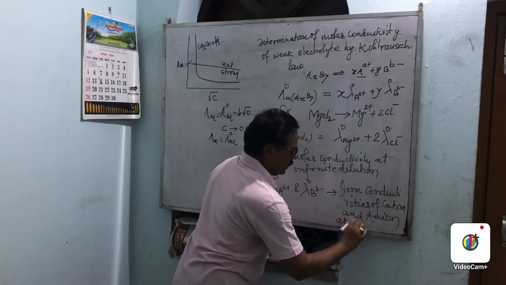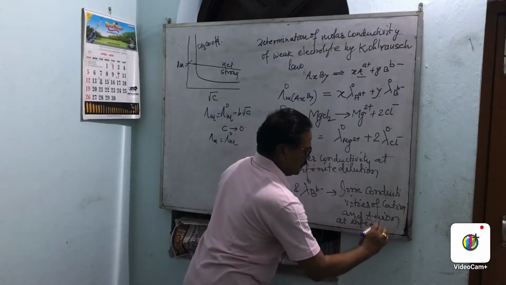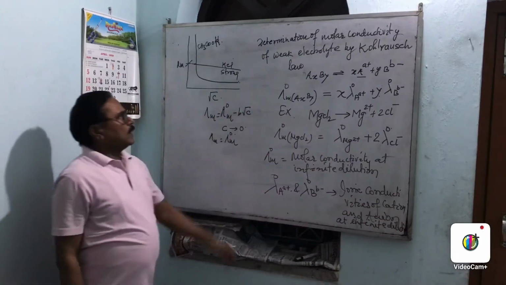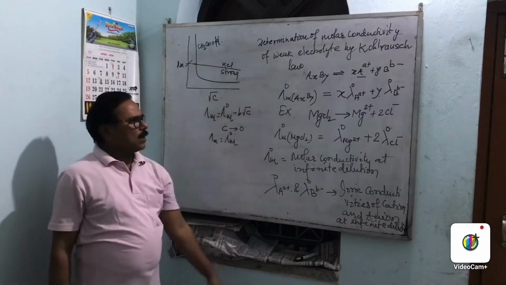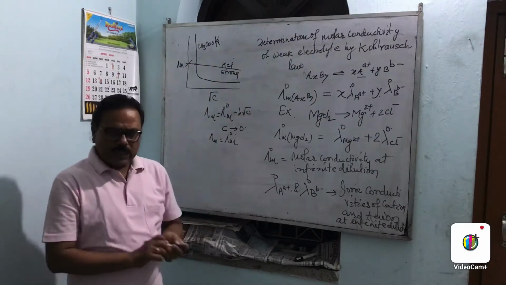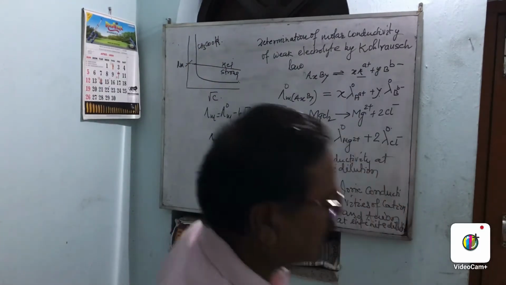So with the help of Kohlrausch's law, we are able to determine the molar conductivity of such a weak electrolyte at infinite dilution.